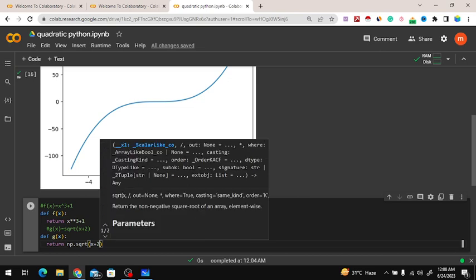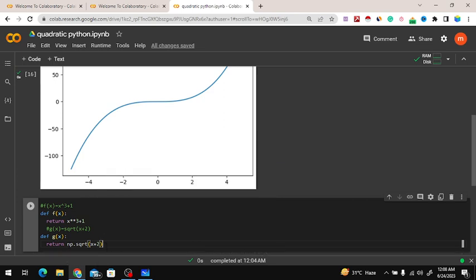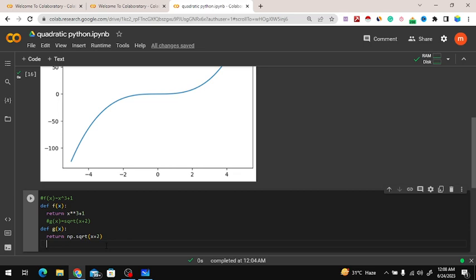And now I want to find GOF, and let's go ahead and print here.